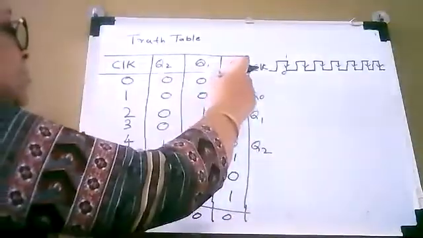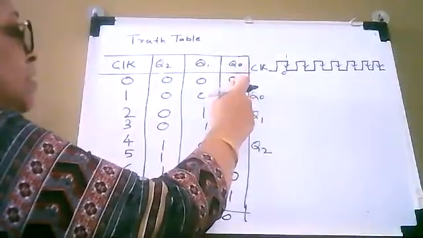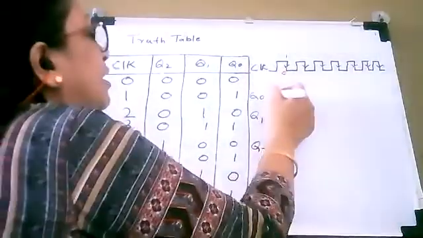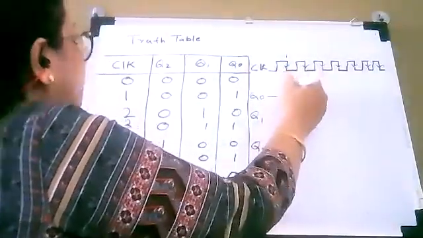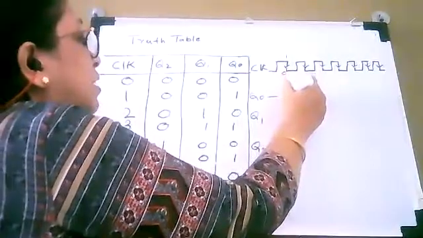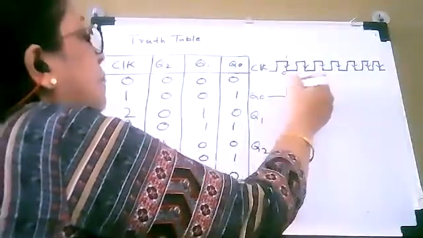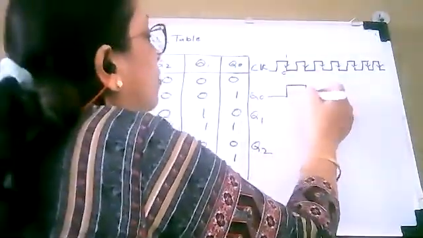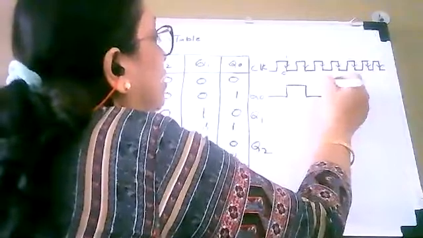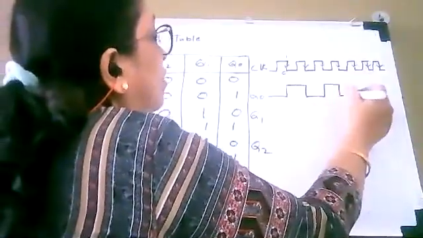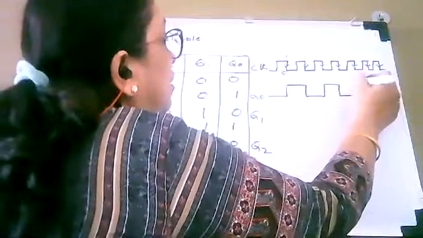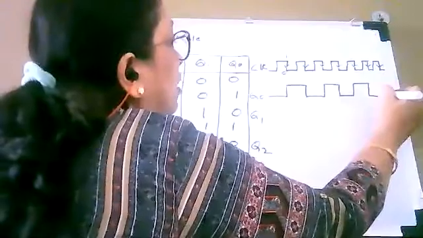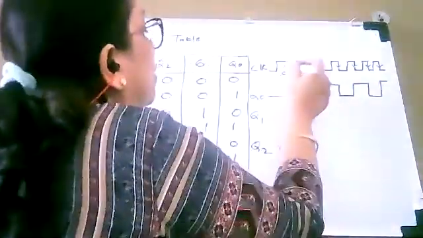Now here, as you can see, Q0 is making transition on every negative going clock pulse. So initially Q0 was 0. During your first clock pulse, it has become 1, and thereafter it has become 0, again 1, again 0, again 1, again 0, and again 1.